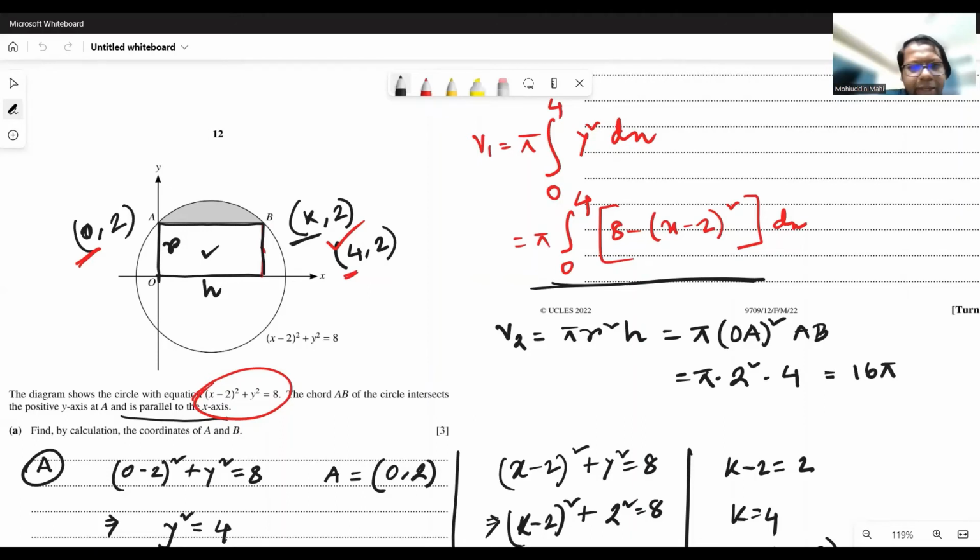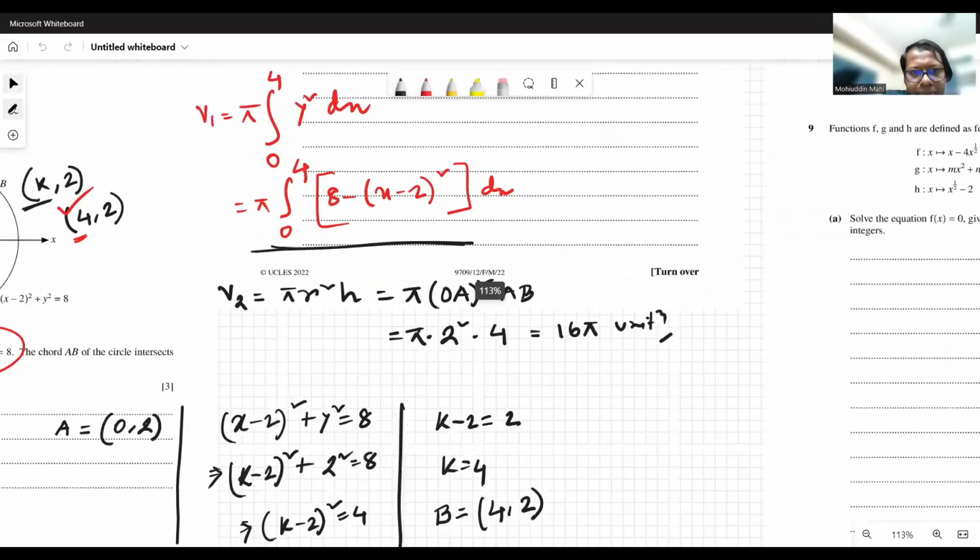So 16 pi unit cube. So that's the volume of the cylinder that will be formed if you rotate this rectangle by 360° around x-axis. So from V1, if we subtract V2, then we will get the volume of the structure generated by revolving only this shaded segment, which is asked in question B.